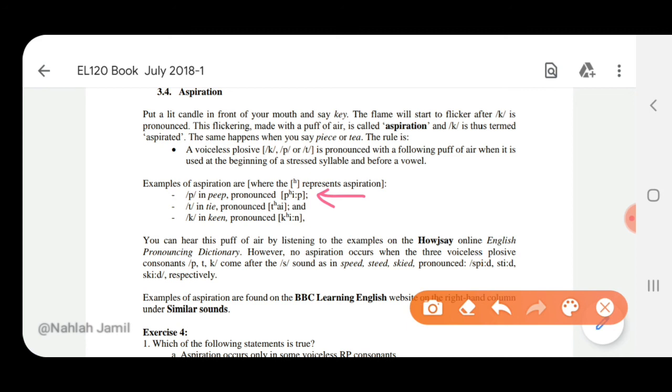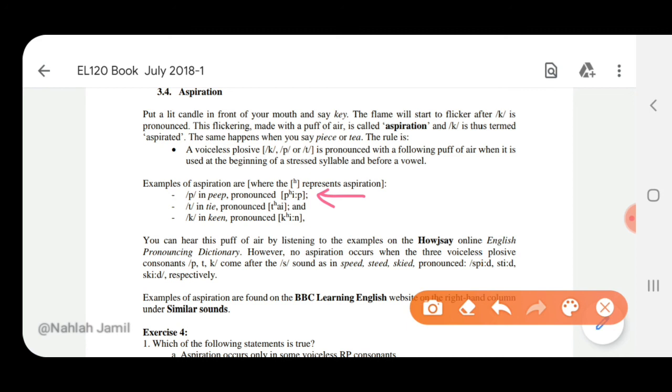The same goes with "peep". When you say "peep", there is a slight aspiration after the first p. When you say "keen", there is an aspiration after the first k. Why? Because these sounds, when they are followed by a vowel, are aspirated.